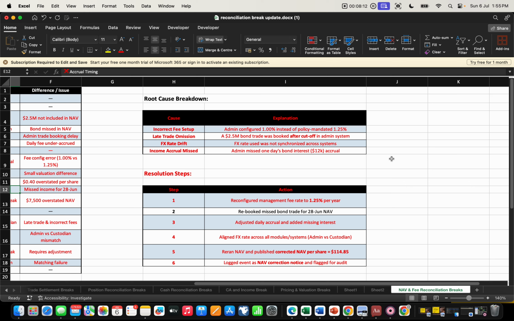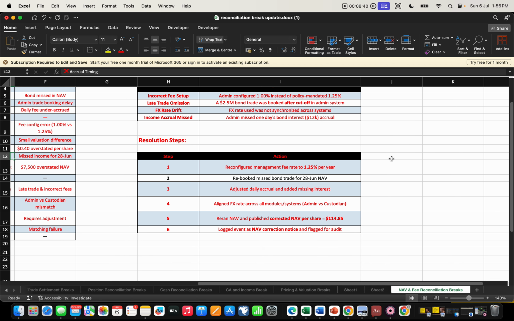After the admin system closed, the trade still got booked, so it directly impacts the NAV. FX rate drift: the FX rate used was not synchronized across the systems. Income accrual mismatch: admin missed one day of bond interest, a 12k accrual, so that is why the NAV is impacted.